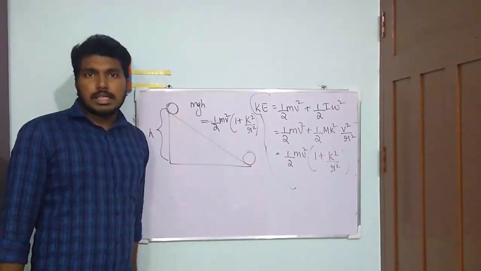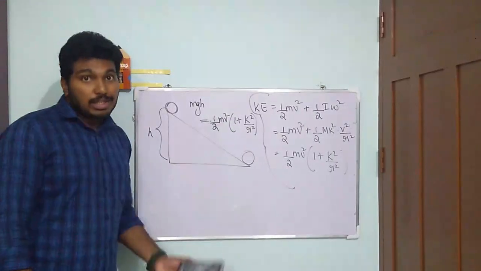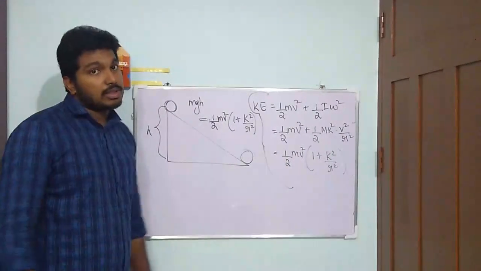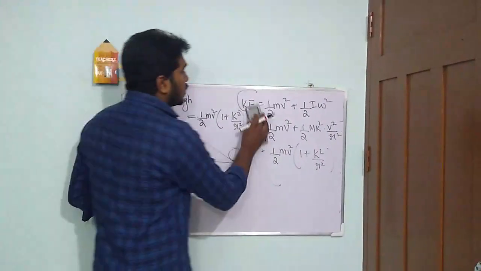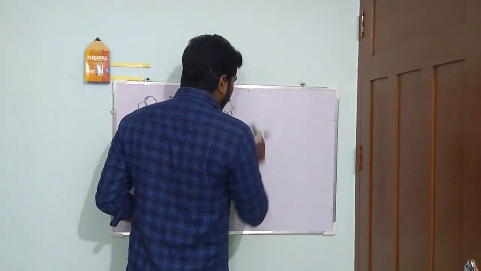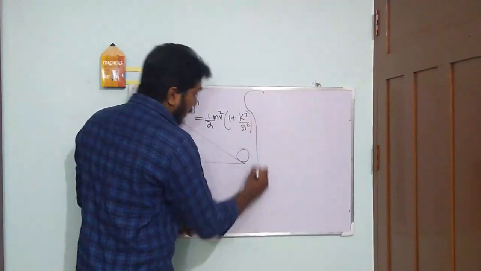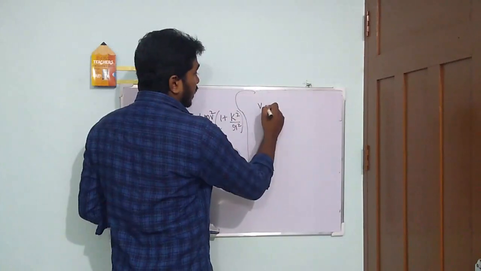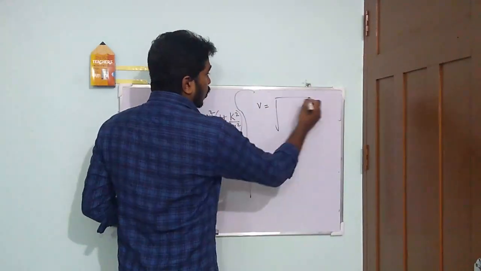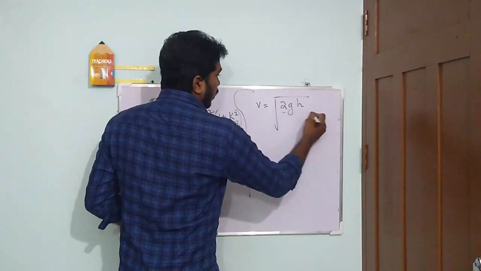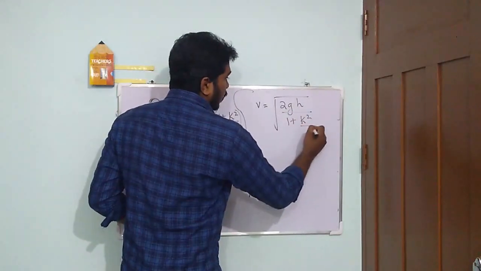So using this concept, you can actually get the equation for the velocity, acceleration and time. Alright, so the velocity equation, and also you'll have to make use of equations for linear motion there. The velocity, you'll be getting it as v is equal to root of 2gh by 1 plus k square by r square.